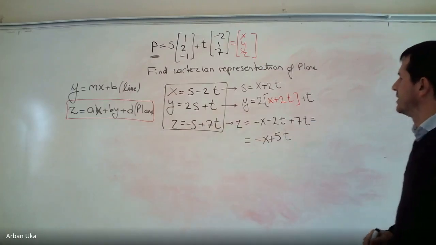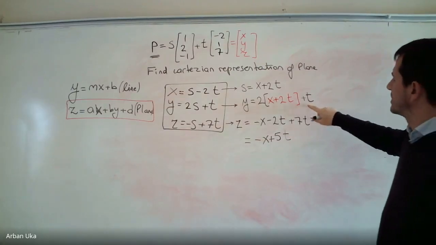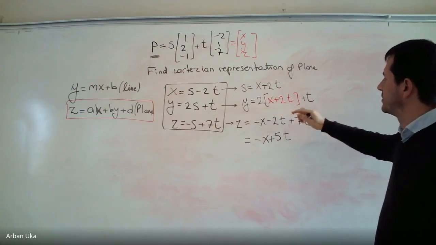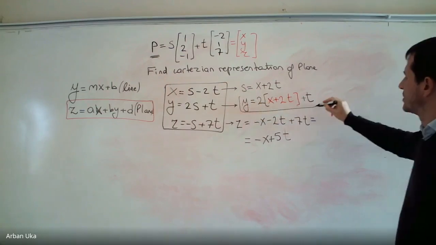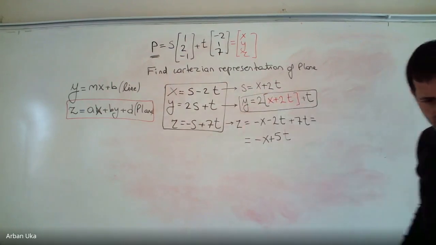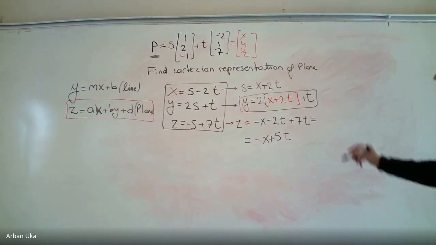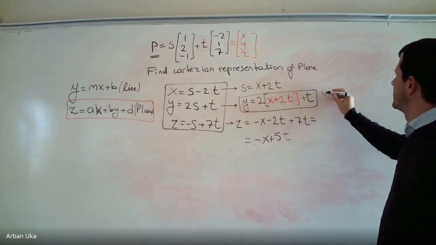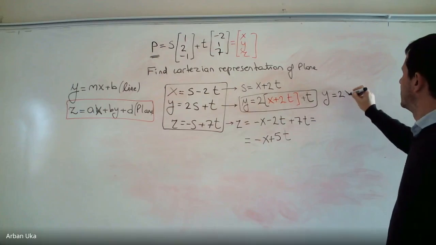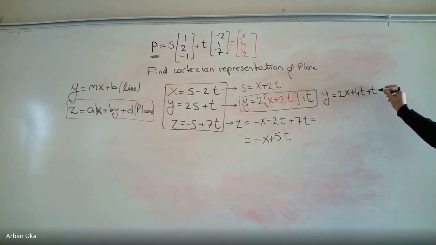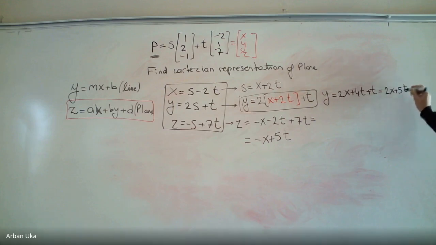Okay, and what we have not done yet is that we can describe the t as a function of x and y. So from this expression, if we look at it carefully, we get here y is equal to 2x plus 4t plus t. So this is equal to 2x plus 5t.